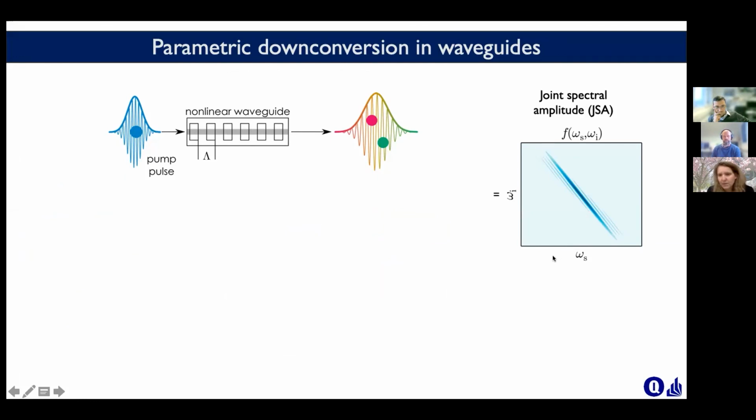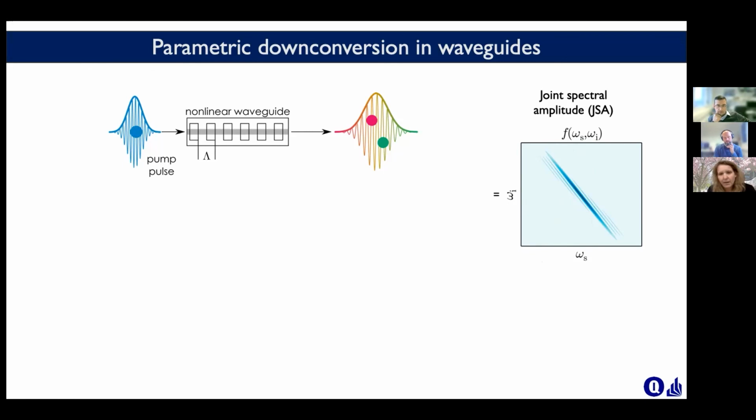So this is the frequency of the signal and this is the frequency of the idler. And it's quite easy to see, because of energy conservation and momentum conservation, that you get a function f(ω_s, ω_i). This is a Gaussian function which has some alignment, and this alignment depends on the different velocities inside the waveguide.